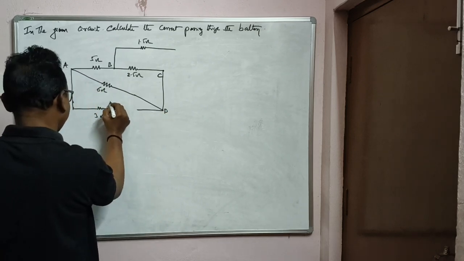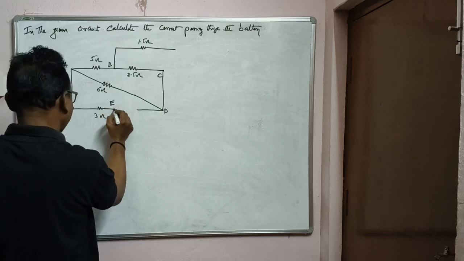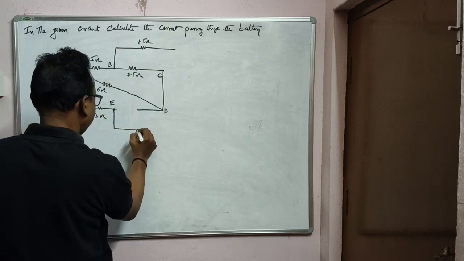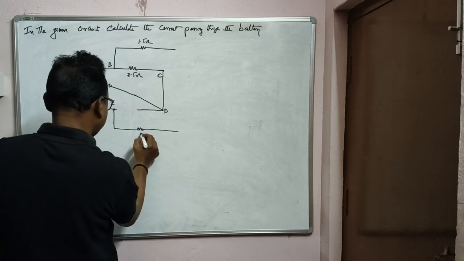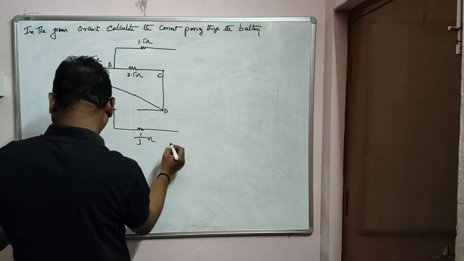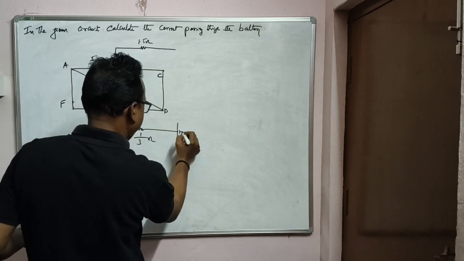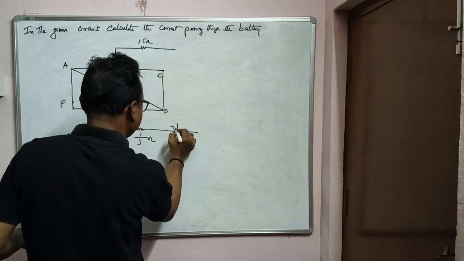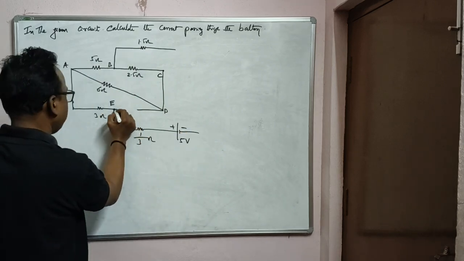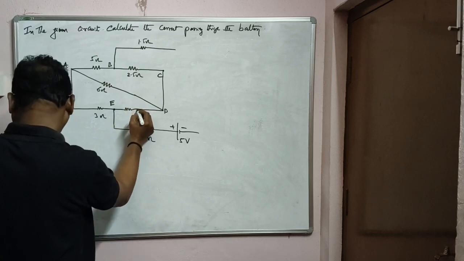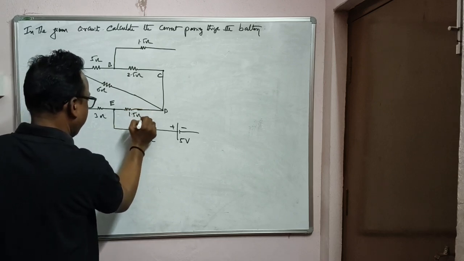One more point is given as E. From this again a join is given, 1 by 3 ohms, and here a battery of 5 volts is connected, and here again 1.5 ohms is given.